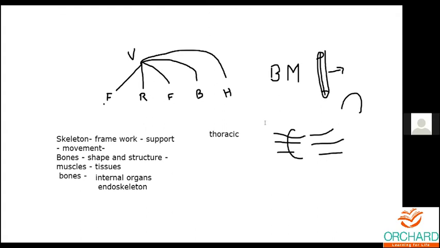Bones protect your body and body organs, along with giving movement to your body. So there are two types of skeletal system. Exoskeletal, which is found in invertebrates, is a hard layer covered outside the body. And endoskeleton, in the form of bones, helps in the protection of internal organs.